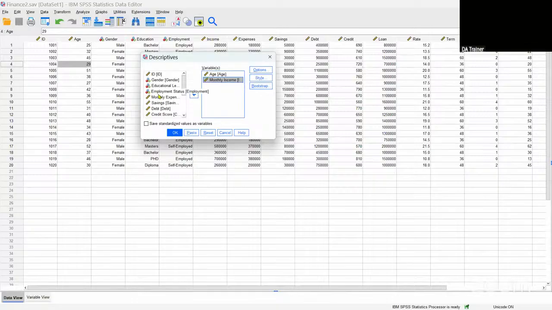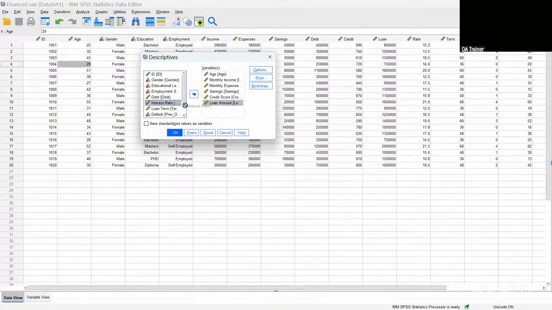Let's move expenses, monthly expenses, into the variable box. Let's look at the savings, right? Let's look at credit score. And then the loan amount that is being given to each customer, let's just preview it.